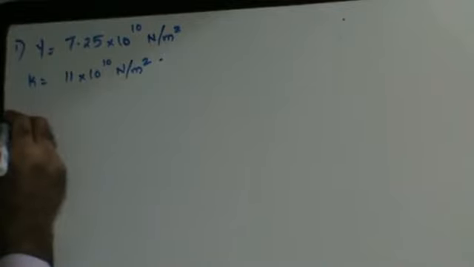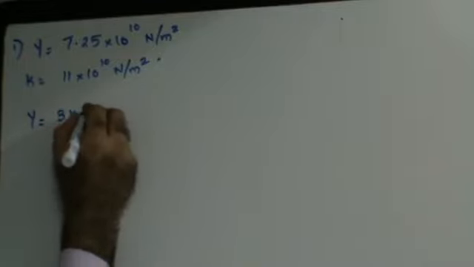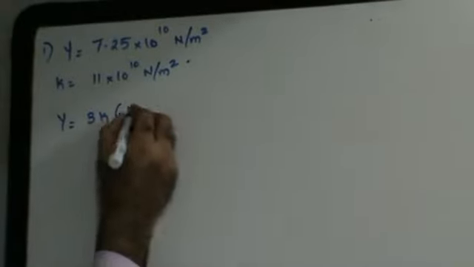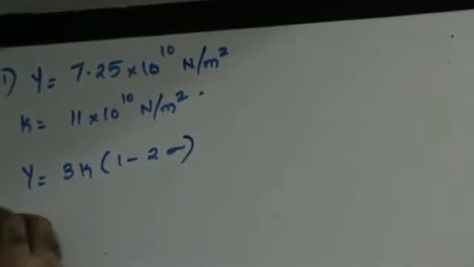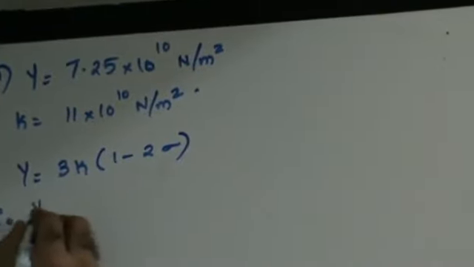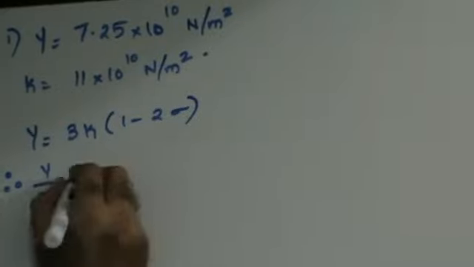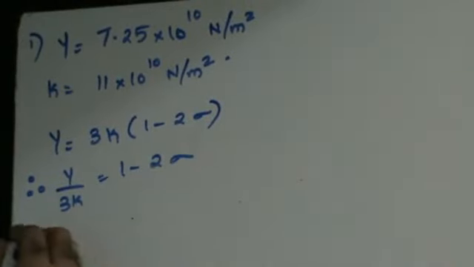Guys, they've asked you to find Poisson's ratio. Remember I told you the relationship between various moduli. You will have to use the formula: Young's modulus is 3 times bulk modulus times (1 minus twice Poisson's ratio). So Y upon 3K is 1 minus 2 sigma.